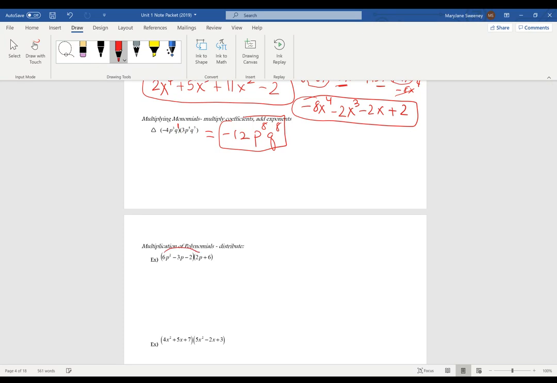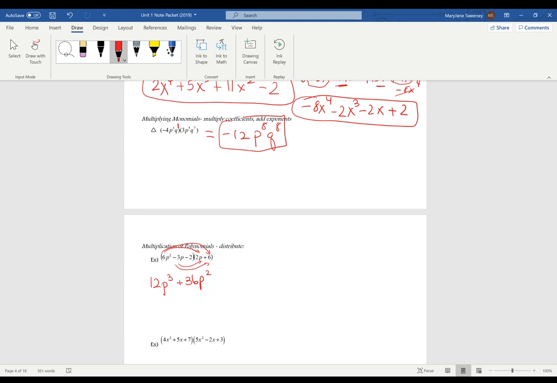Multiplication of polynomials, you have to distribute. So the 6p squared is going to go to both of these. The negative 3p is going to go to both of these. And then the negative 2. So for the 6p squared going to the 2p, we're multiplying, so that's a 12p cubed. Then the 6p squared with the 6 is a 36p squared.